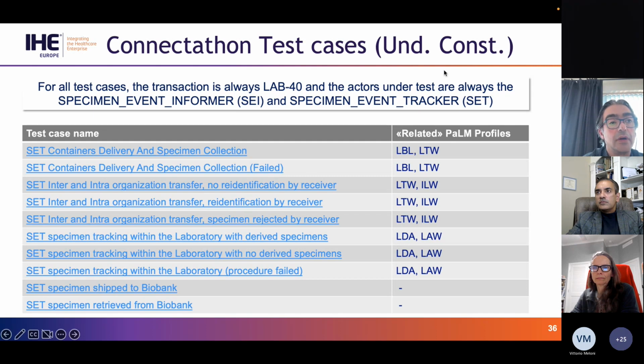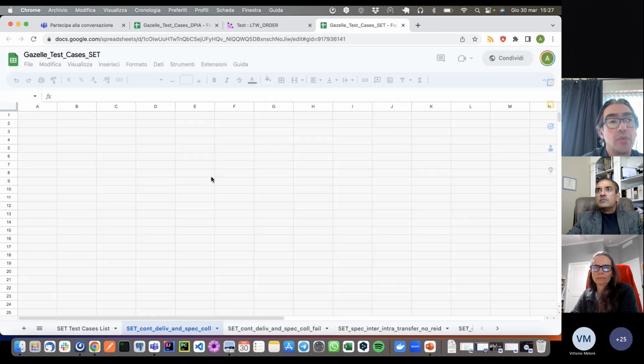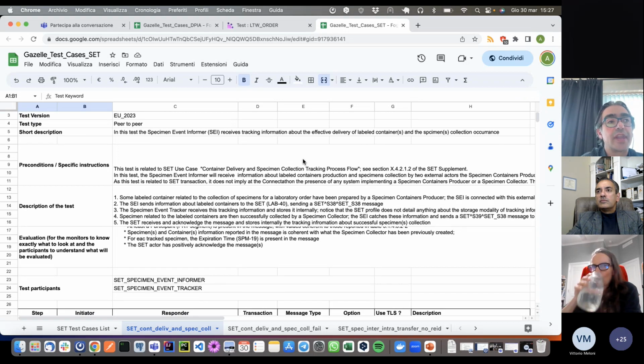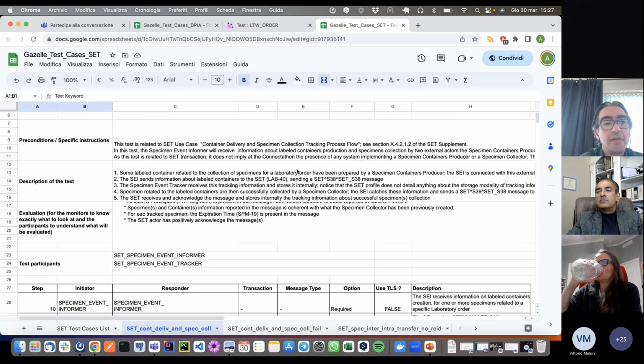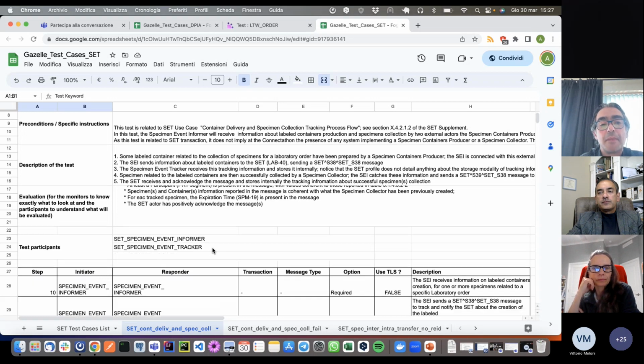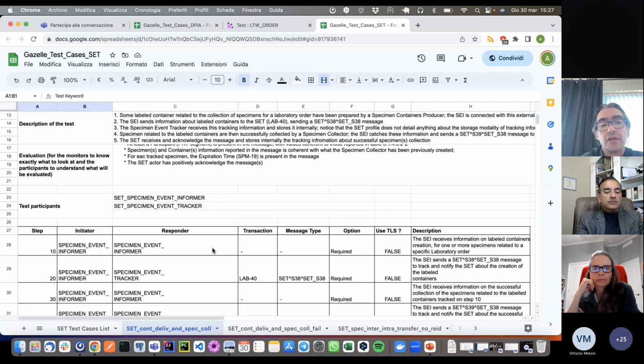We can also click on one of them, the simplest one, which is this one for specimen container preparation and collection. Also, we have the Google Drive because they are all tests under construction. And here simply the context is that the informer collects the information about specimen preparation, containers and collection.